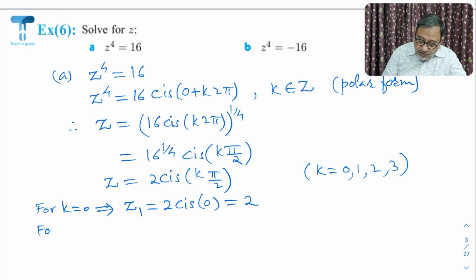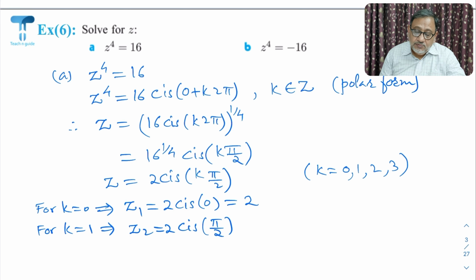Then for k is equal to 1, z2 will be 2 cis 1 pi by 2, which is pi by 2. Cos pi by 2 is 0, sin pi by 2 will be 1. So 2i, because sin will have i with it.